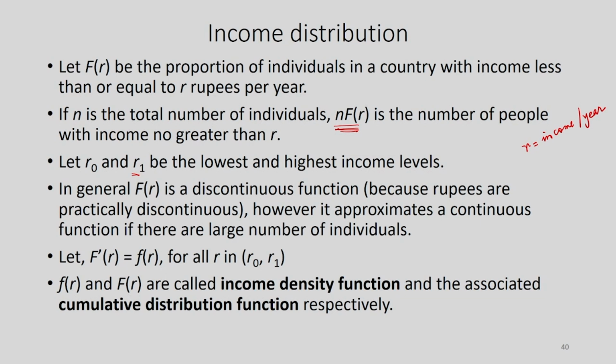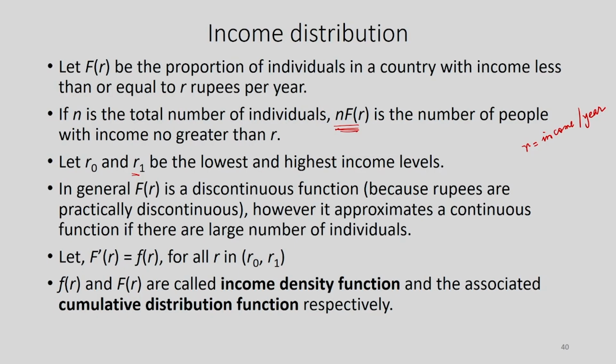Now, in general, this capital FR is a discontinuous function because rupees are practically discontinuous. However, it approximates a continuous function if there are a large number of individuals. Okay, so this is quite practical. R is what?